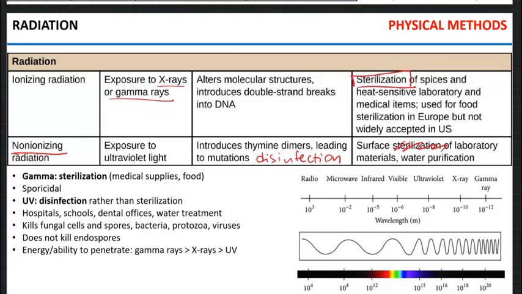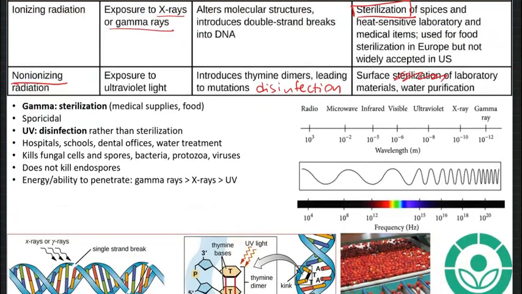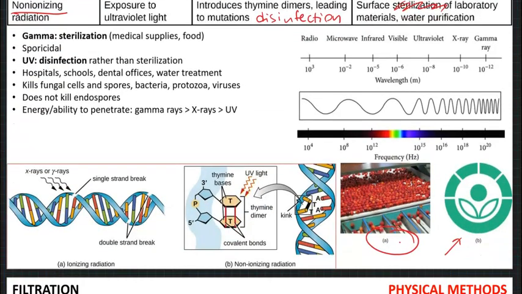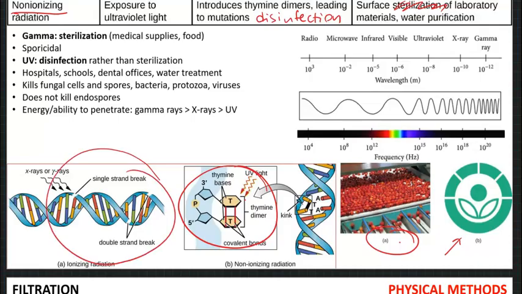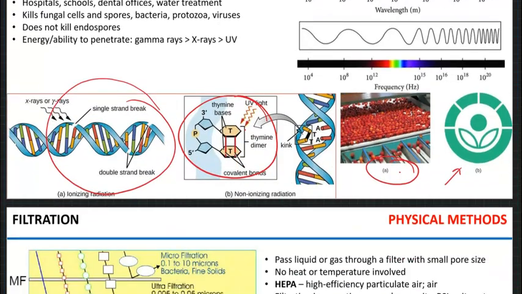It costs an enormous amount of money, but they can afford that. Okay? So, just a quick reminder, UV lights, how they affect bacteria: they introduce thymine dimers in the DNA, and gamma rays just break bacteria in pieces.